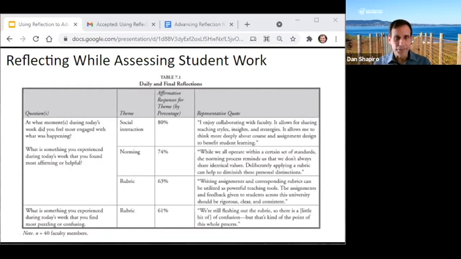So there's a little bit of confusion, but that's kind of the point of this whole process. So what we see in these responses is a lot of that collective meaning making that's directed towards improving student learning.